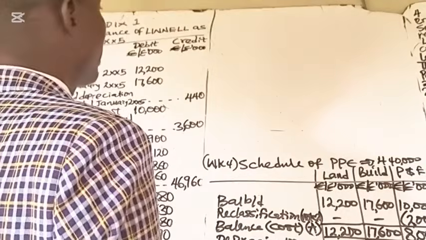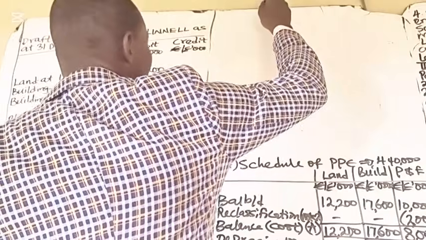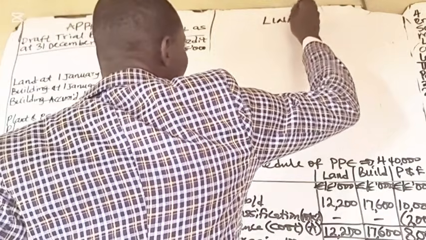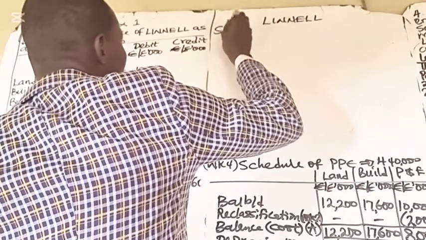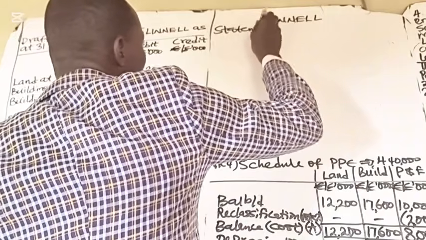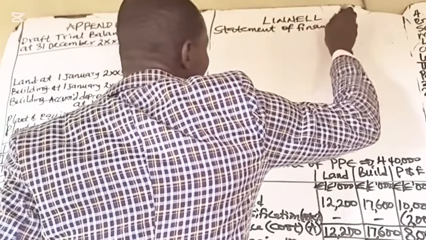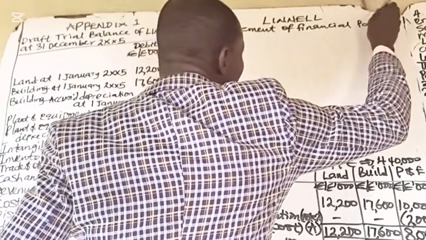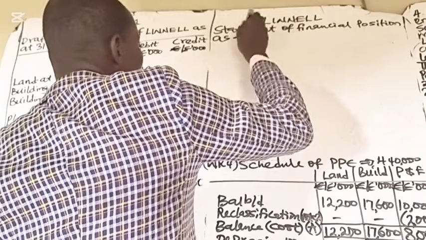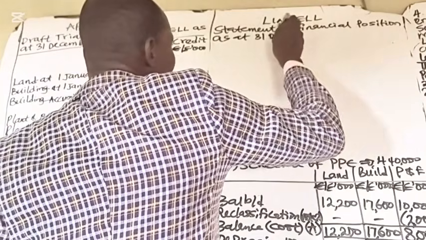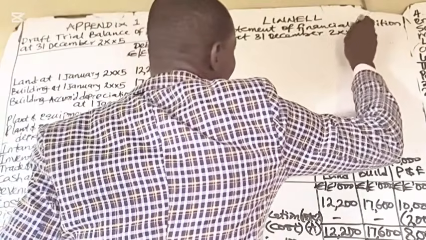We want to prepare the statement of financial position for Lease. So Lease statement of financial position as at 31st of December 2x5.